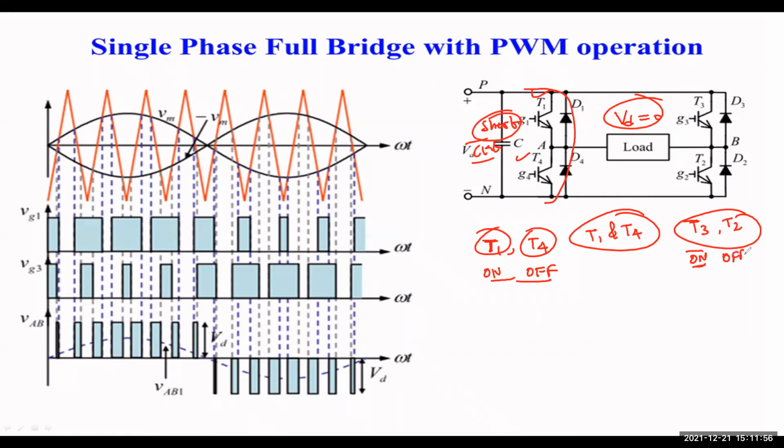This must be taken care of in connections and also in design. These two IGBTs or MOSFETs are complementary to each other. If you want to get the voltage 0, by turning on T1 and T3 you will get zero voltage across the load, because both pole voltages are the same and Va minus Vb is equal to 0.